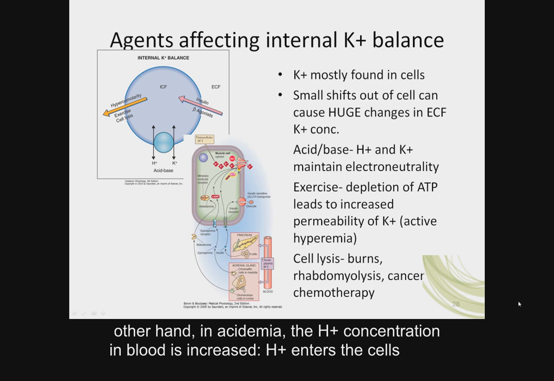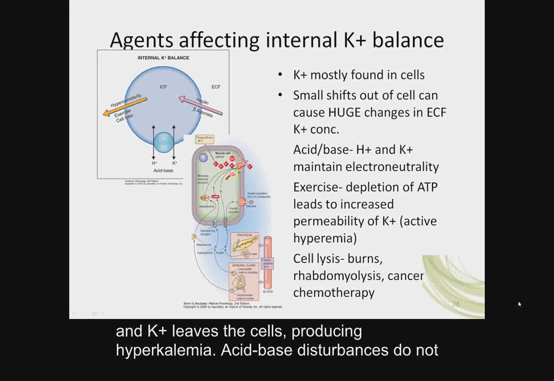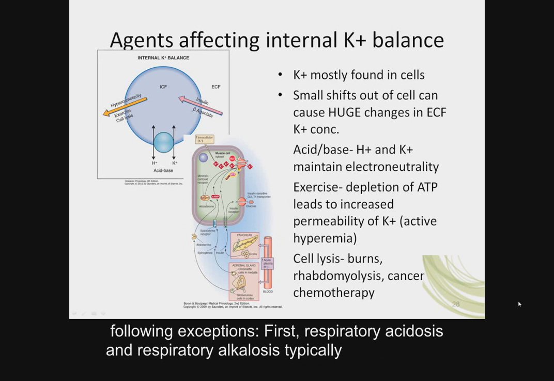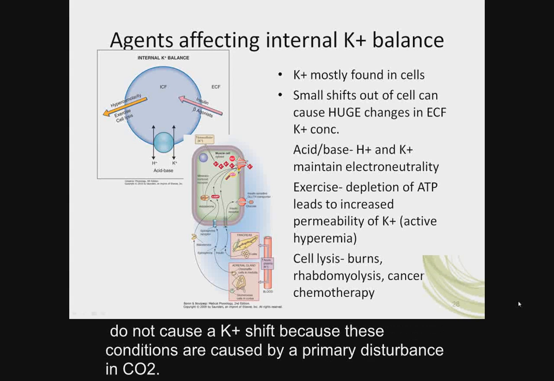Acid-base disturbances do not always produce a potassium shift across cell membranes, however, and it is important to note the following exceptions. First, respiratory acidosis and respiratory alkalosis typically do not cause a potassium shift because these conditions are caused by a primary disturbance in carbon dioxide. Since carbon dioxide is lipid soluble, it freely crosses cell membranes and needs no exchange with potassium to preserve electroneutrality.